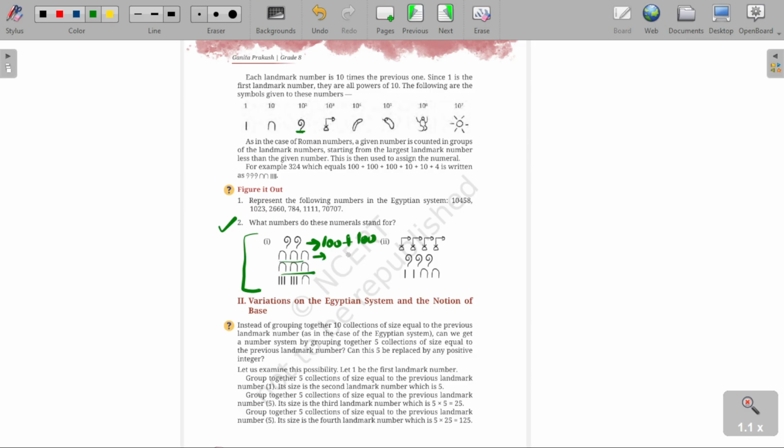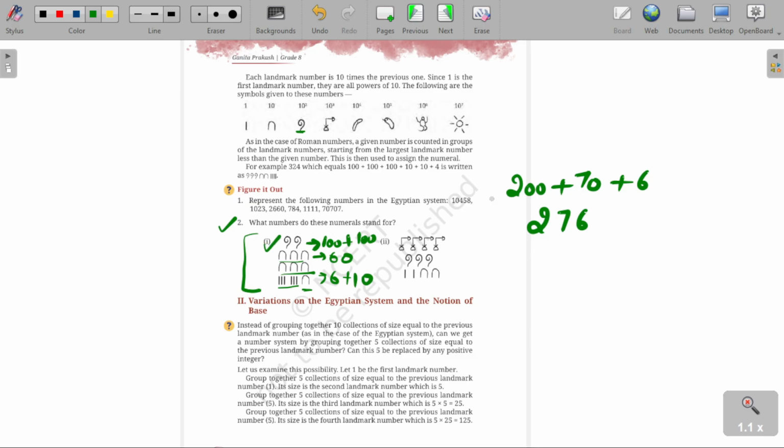Six signs of this, that means 60. Now, six signs of 1, that means 6. While adding it, you will get 200 plus 60 plus 6. So the answer is 266. So this is the answer of the first part of the second question.